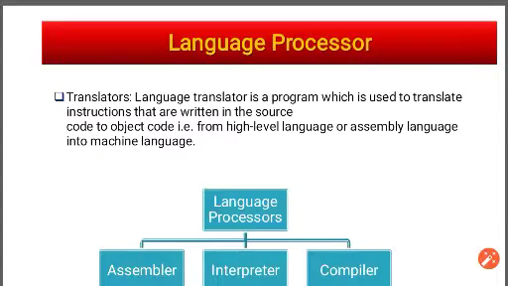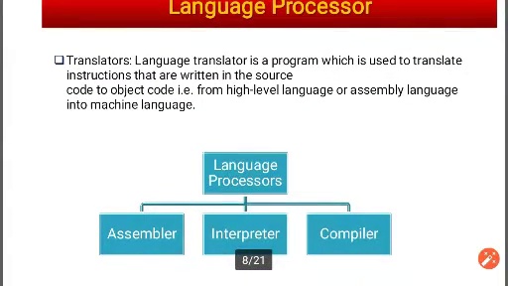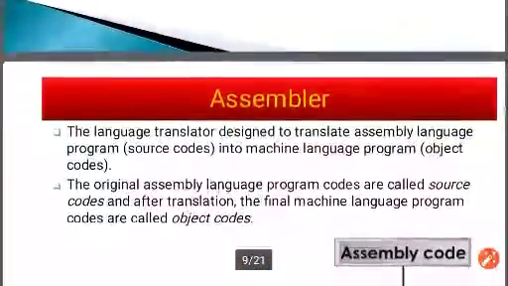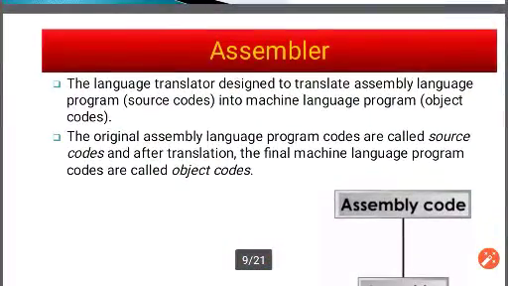Now let us see the different types of language processors. First we have got assembler, then interpreter, and the last one is compiler. We will be studying in brief about them. The first one is assembler, the language translator which is designed to translate assembly language to machine code.